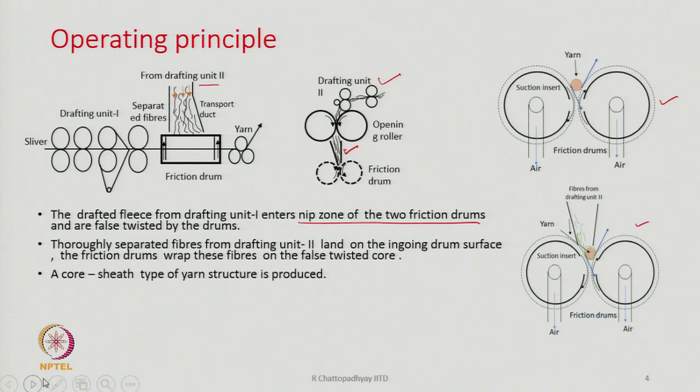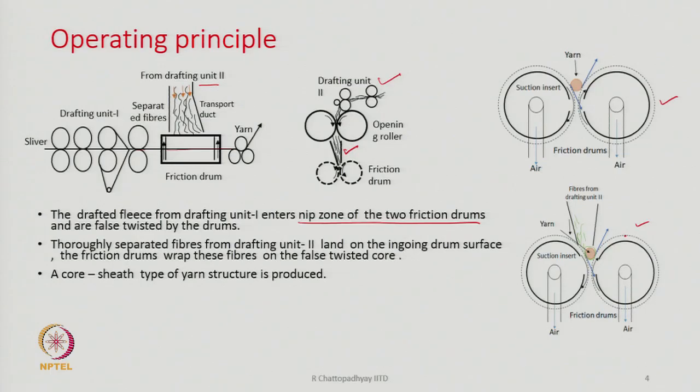Now, as soon as the fibers from drafting unit 1 arrive at the nip zone of the two friction drums, the two friction drums will act on that bundle of fibers. The bundle of fibers are pressed against the friction drum because the suction is acting.